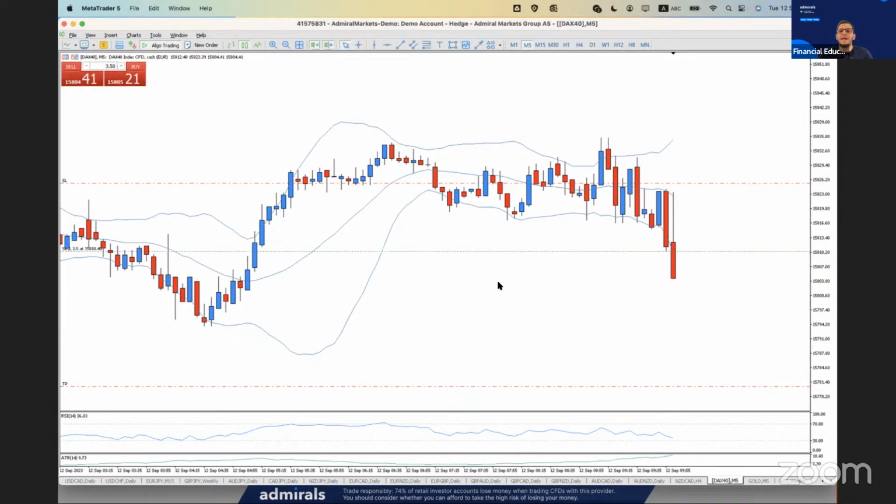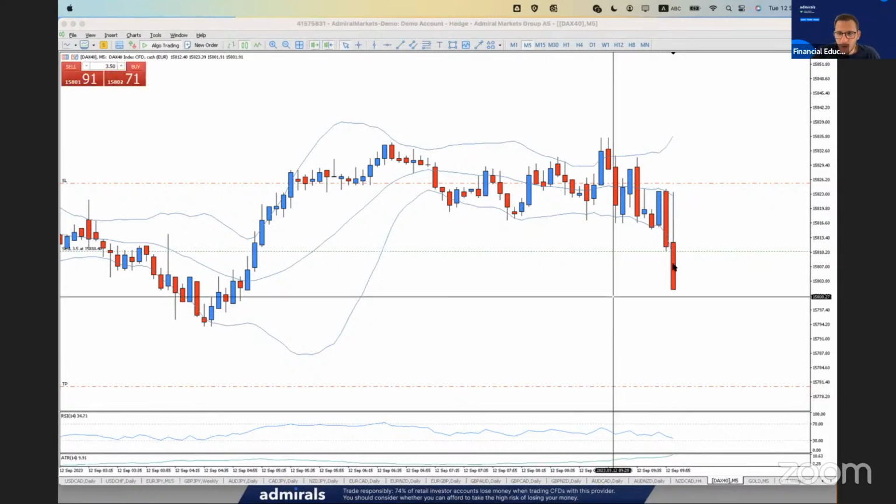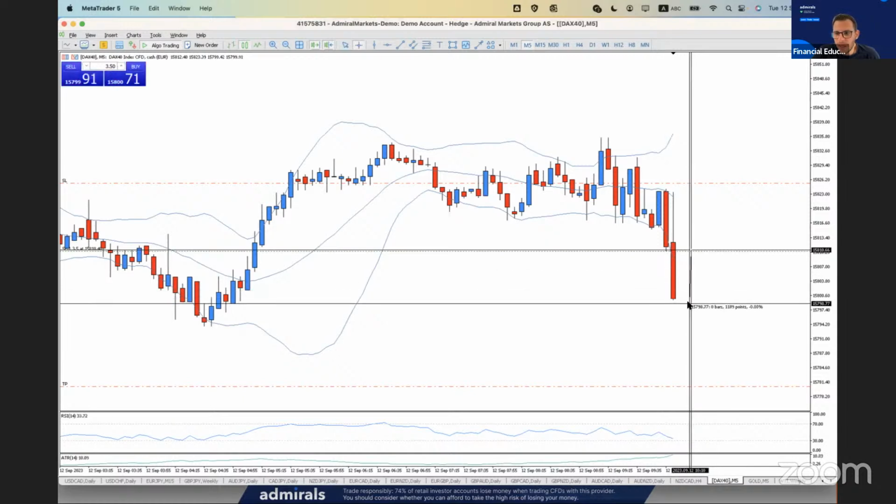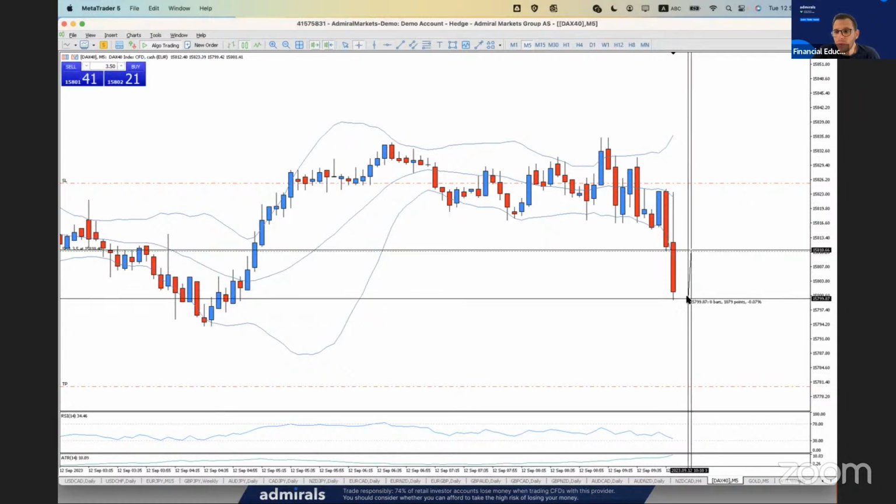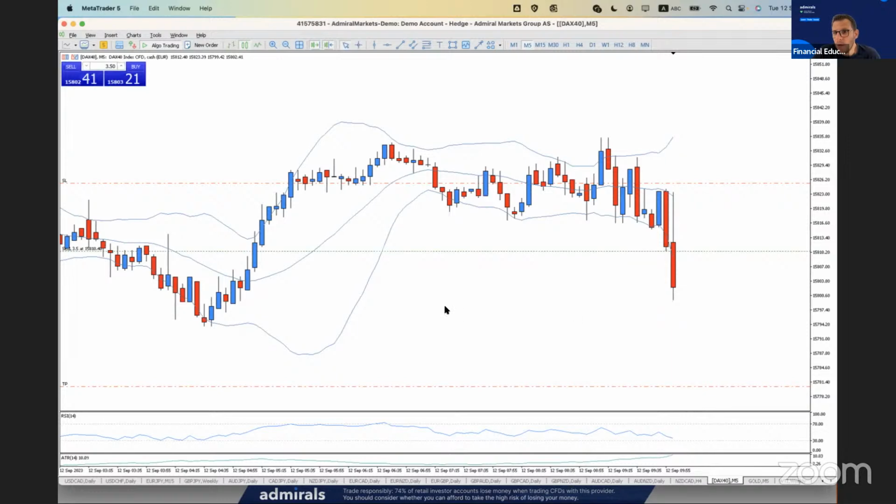For traders who are trading order blocks, in this area here there is another setup that can be used for short sales. Okay, guys, so far the trade is moving pretty well. 10 points for those who wanted to close the trade has already been placed.